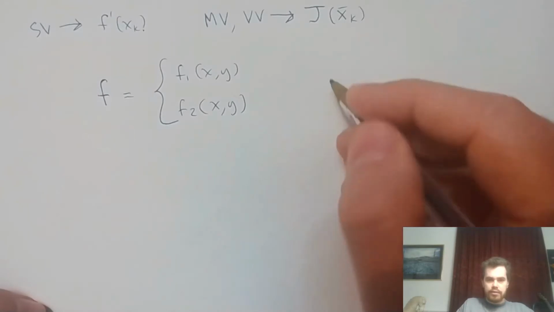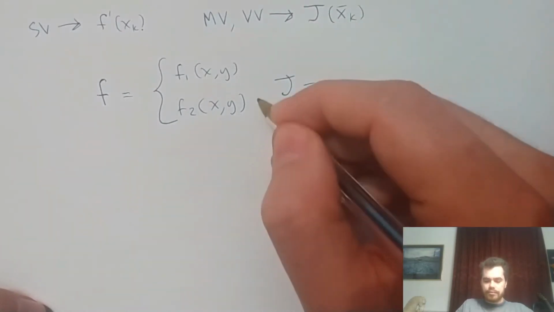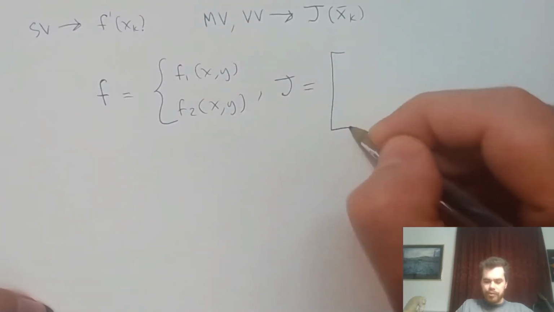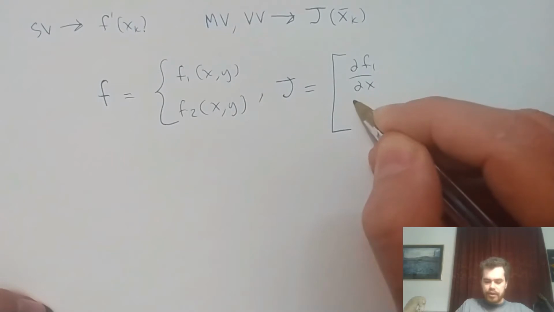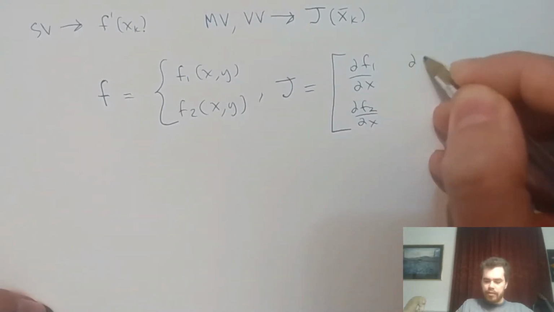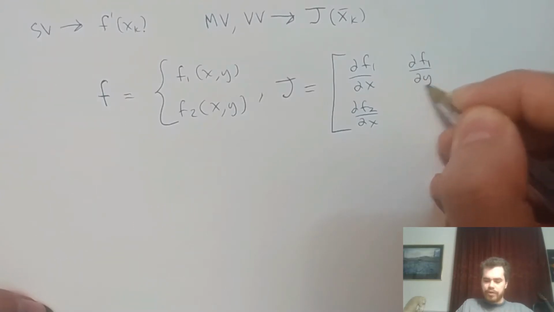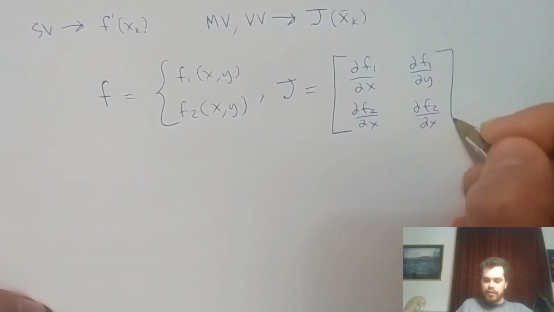So J, I'll put it over here, would be written: the partial derivative of f1 with respect to x, the partial derivative of f2 with respect to x, the partial derivative of f1 with respect to y, and the partial derivative of f2 with respect to y. That's our Jacobian.